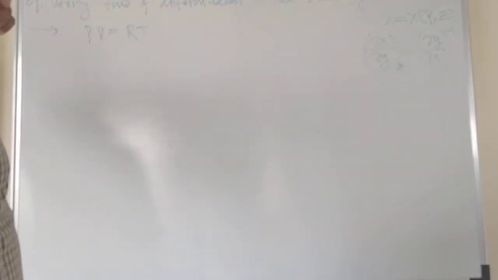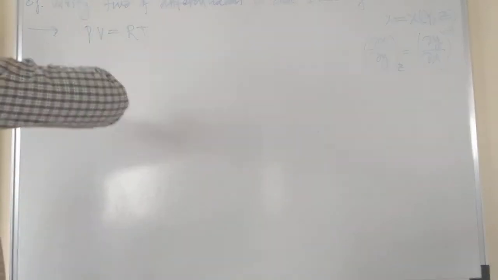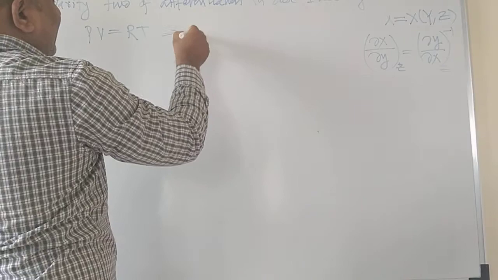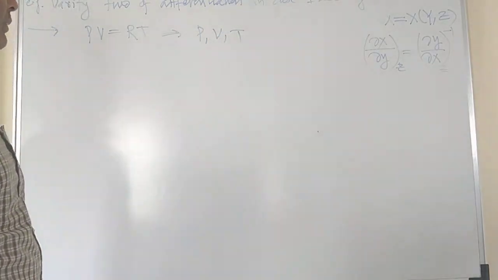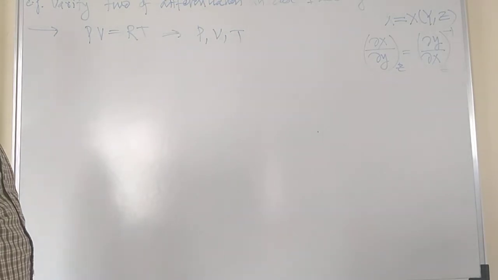Now, in order to prove this relation, you must understand that the variables here are pressure, volume and temperature. R is not a variable, R is a constant, right?